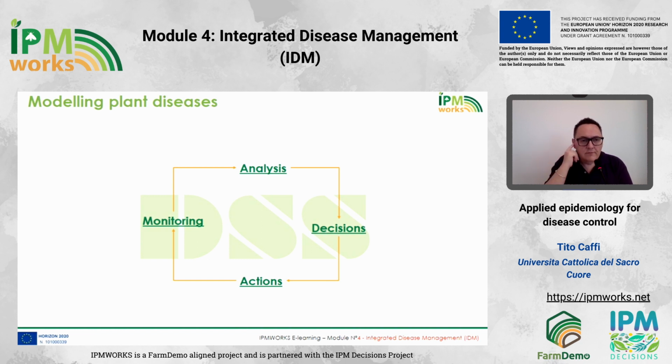Of course, these are general principles. They are also useful for describing the decision-making process in agriculture, but a decision support system should be an expert system working with those 4 steps to produce a support, an alert, a scenario, I would say, to give information to the grower, the farmer, the agronomist, who is in charge of taking the final decision to implement an action.